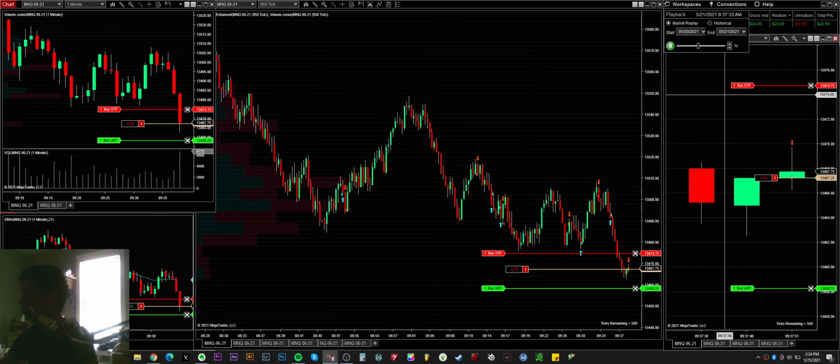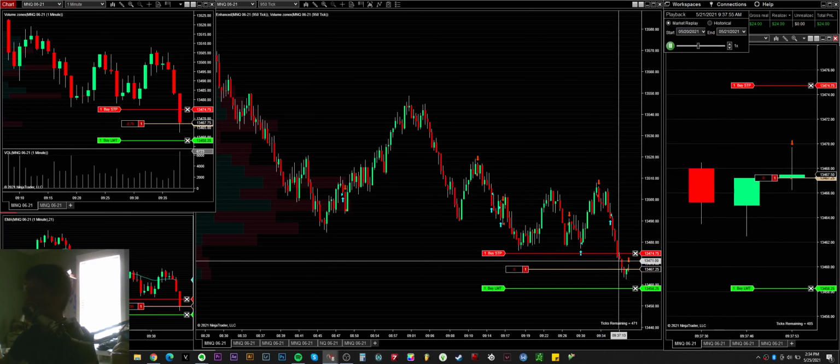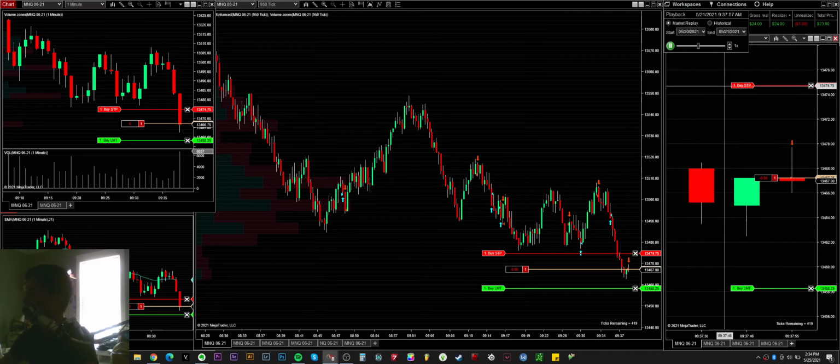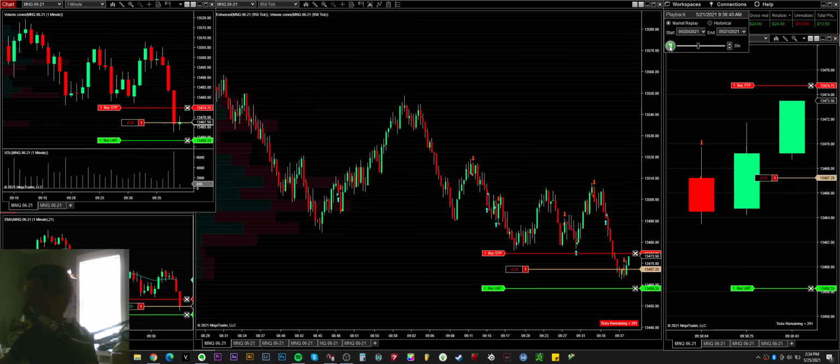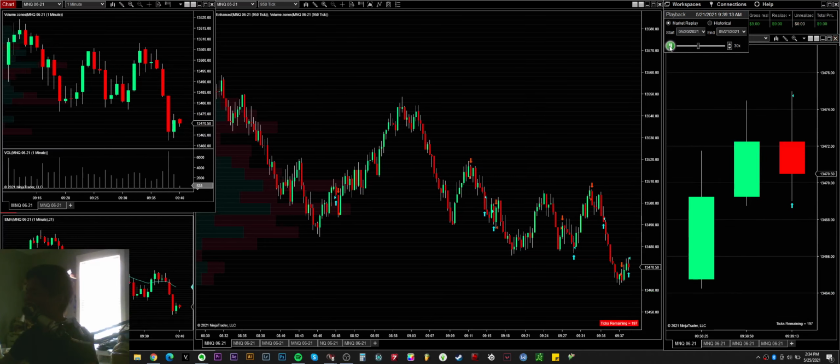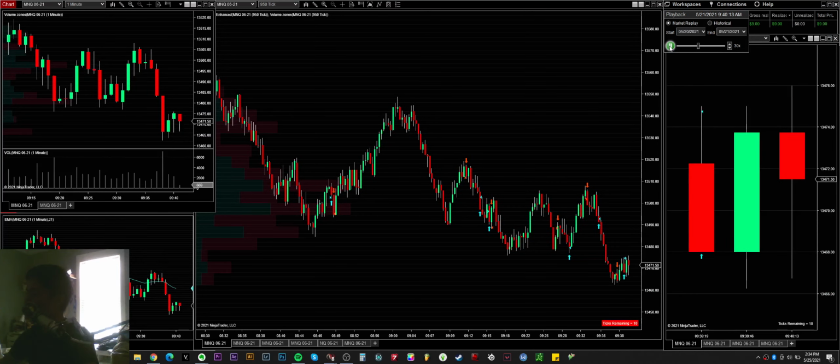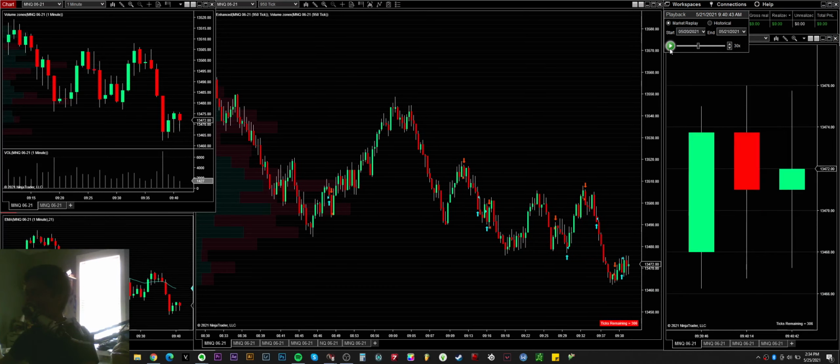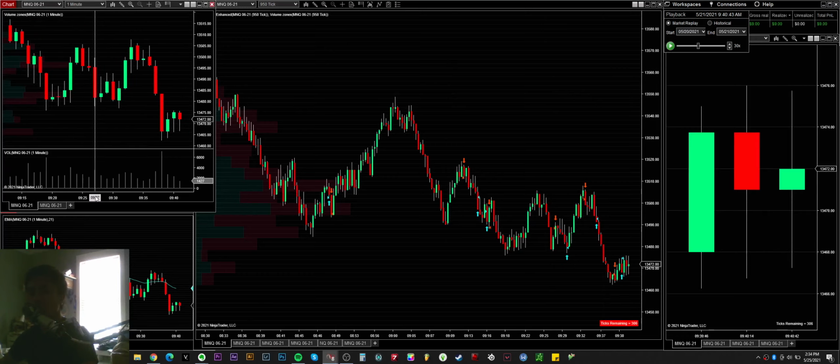A bad spot. First entry, second entry. Let's see how this goes. Oh, right. So the buy was the best play. You have failed me, zones.